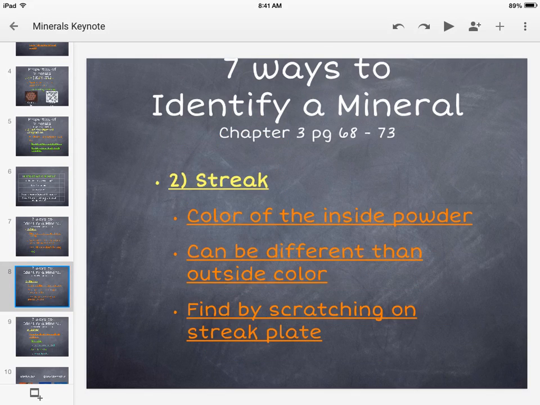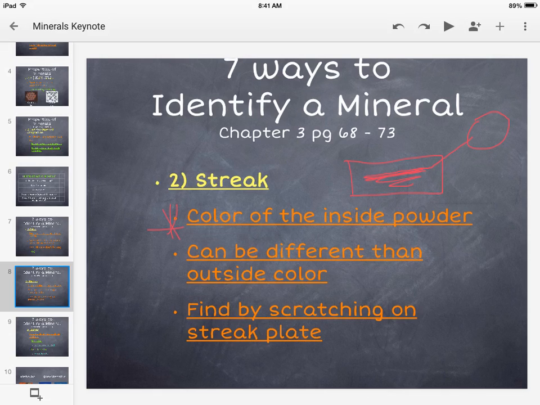The next one is called streak. And streak is the color of the inside powder. What you do is you take your mineral, and so this is my mineral here, and you're going to scratch it on a streak plate and it'll leave a mark, which is actually the powder that's rubbed off of the mineral, and the color of that powder is called the streak.